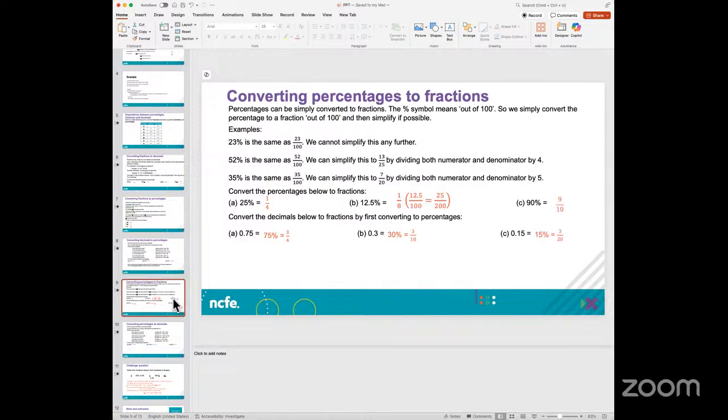Now, it could be the other way around. If you were given a percentage, they could ask you to convert that into a fraction. So how would you convert a percentage into a fraction? Now 25%, this is the percentage given. If I ask you to convert this into a fraction, what you're going to do is basically multiply this by 1 by 100.